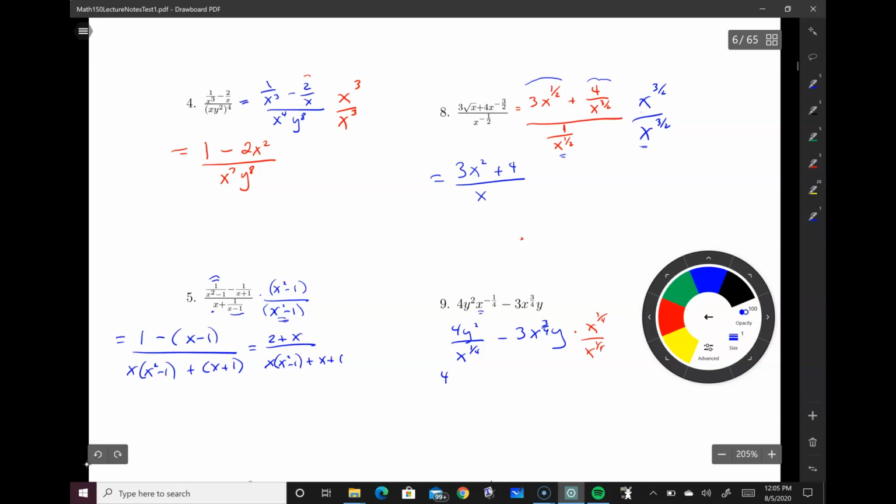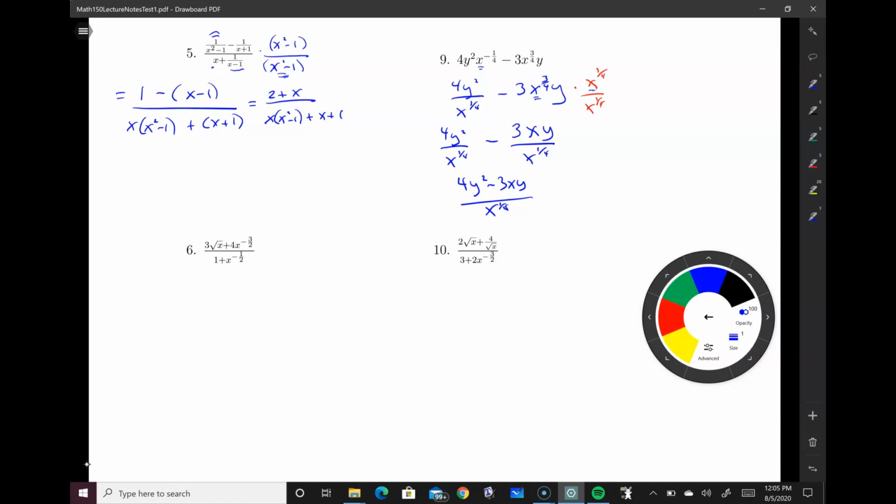So this one stays the same. So if I multiply x to the 1/4 times this, it gives me x to the 4/4, and that's just x. And there's x to the 1/4 in the denominator. So this gives me 4y squared minus 3xy over x to the 1/4.